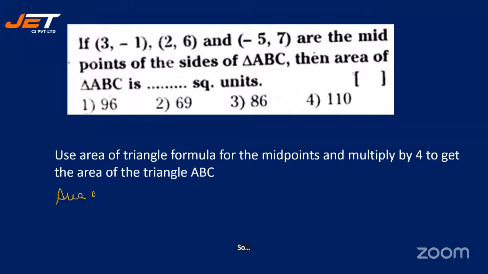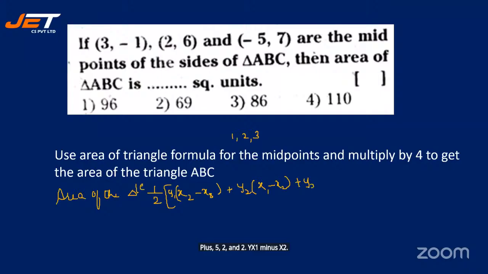So what is the area of the triangle? Half into, see you have points 1, 2, 3. y1 into x2 minus x3 plus y2 into x1 minus x2 plus y3 into x3 minus x1.